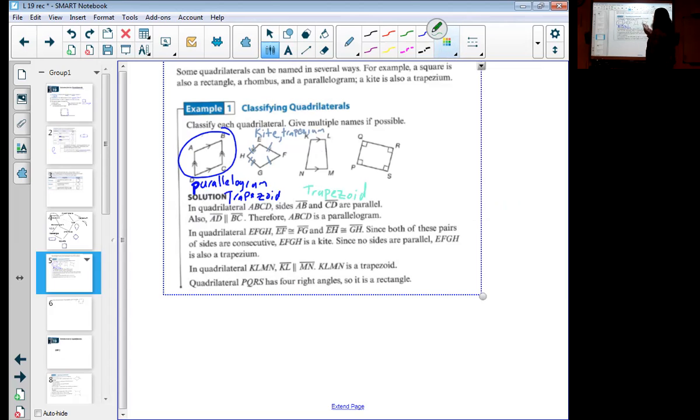We know that our angles are all the same, but we don't know anything beyond that. That means this is a rectangle. That is the tightest circle that we can get. Then beyond that it is a parallelogram, and it is also a trapezoid.